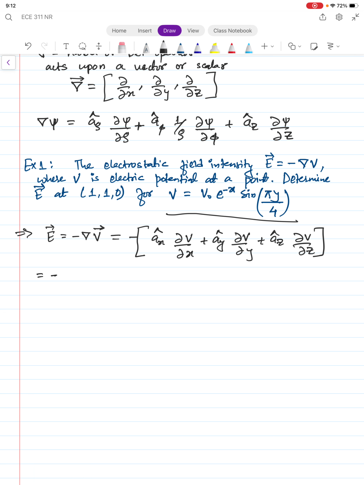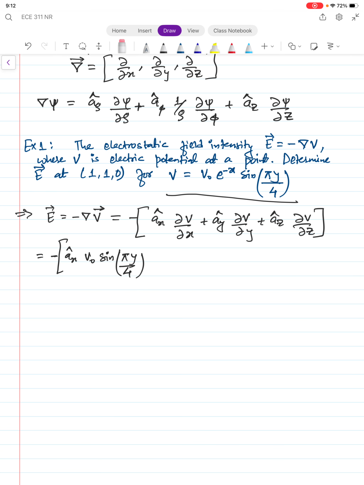Okay, next we have a_x hat as it is. We are taking the derivative of the function with respect to x, and therefore V0 sine(pi y by 4) can come out of the derivative, and we take derivative of e raised to the power negative x.